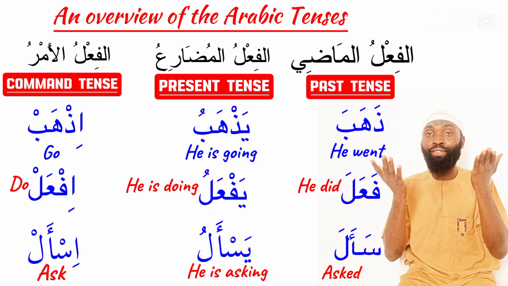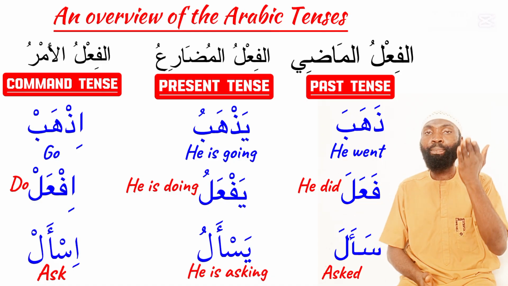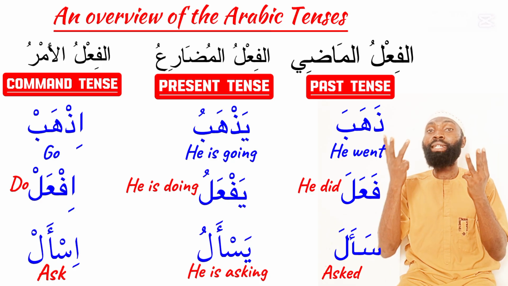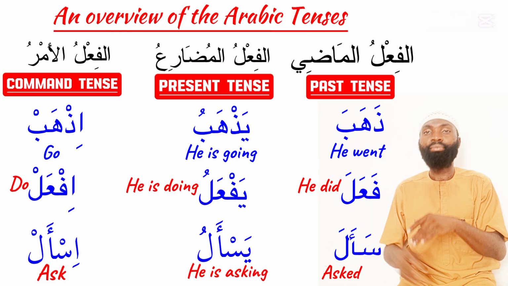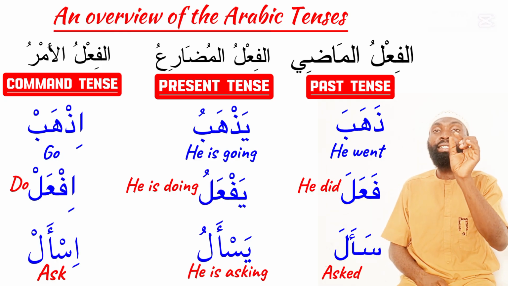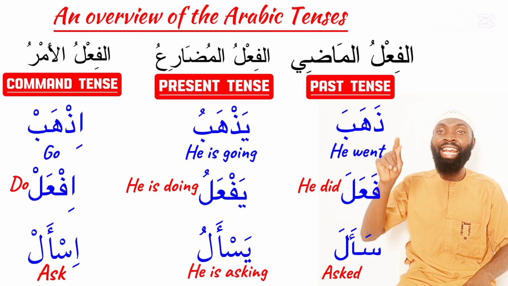However, this is just the foundation for us to see the difference between a past tense, present tense, and also the command tense. To recap, the past tense verb comes majorly in 3 letters. Now, to form this past tense verb into the present tense verb, all you need to do is to add first a ya.